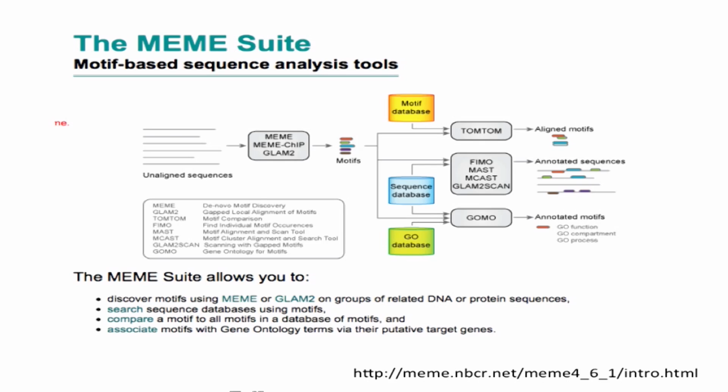This is again a very well established tool for motif analysis that has been extended in the last few years with a lot of tools that allow you to analyze what comes out of a motif discovery procedure itself. Some of the most important aspects are the comparison with known motifs.